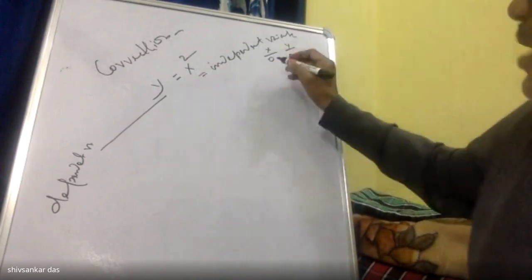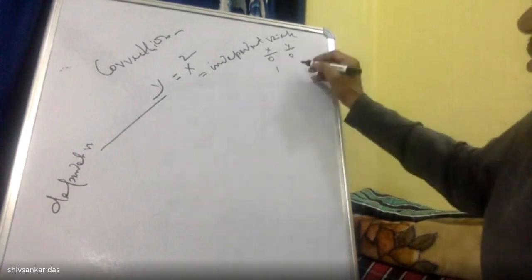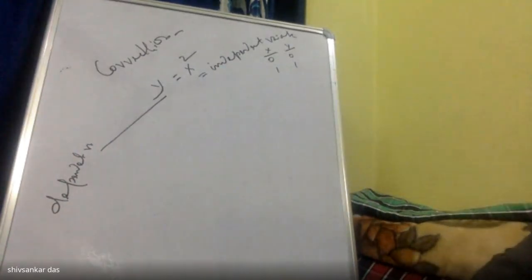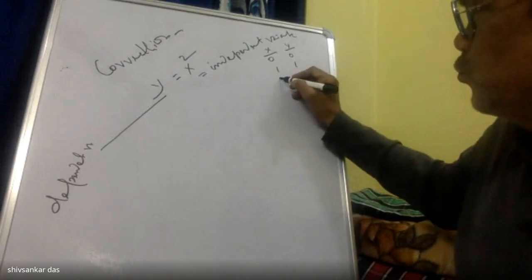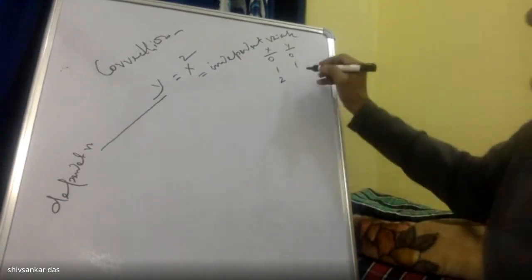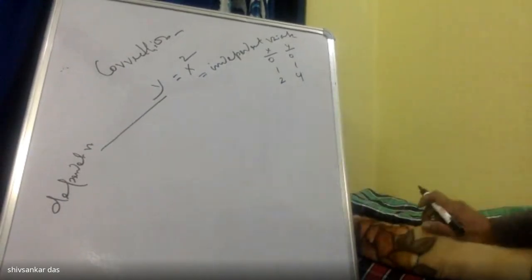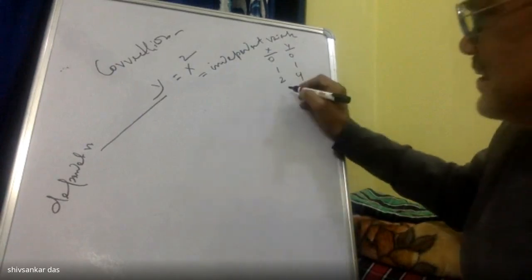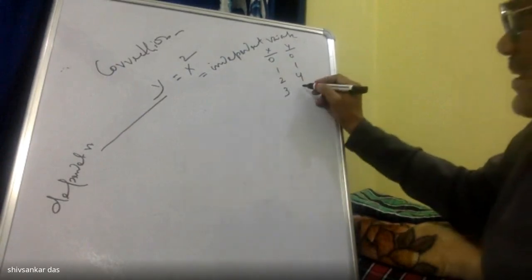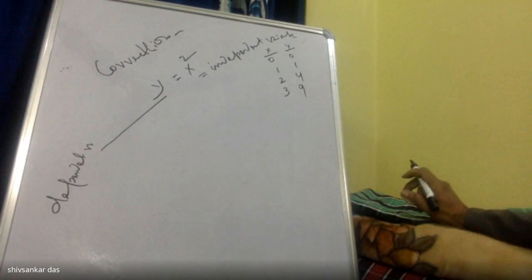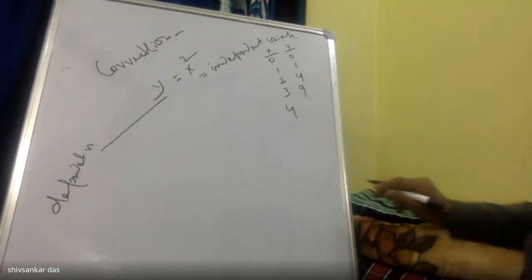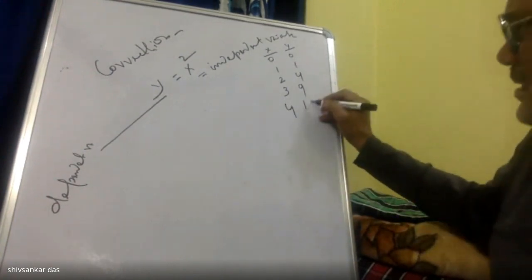When x is 1, y is 1. When x is 2, y is 4. When x is 3, y is 9. When x is 4, y is 16.